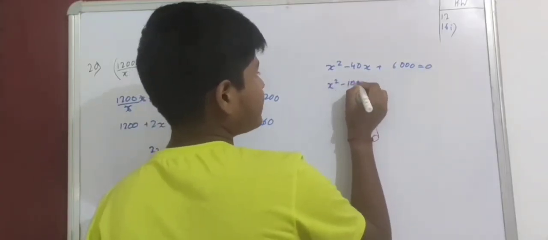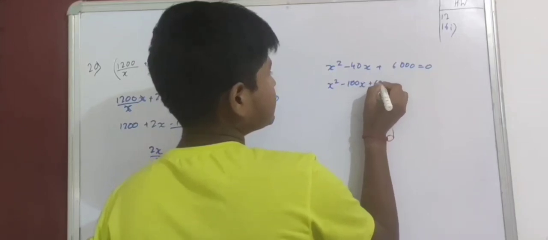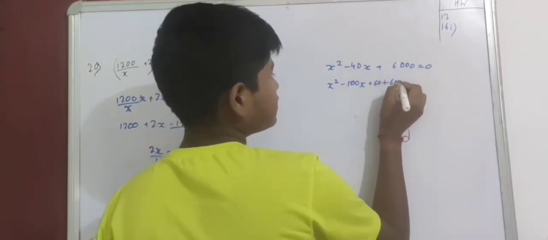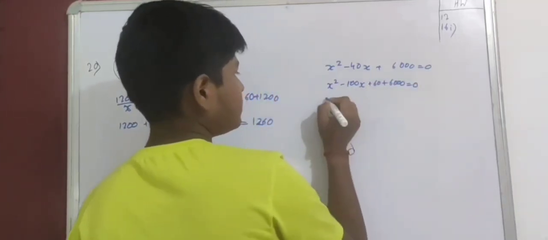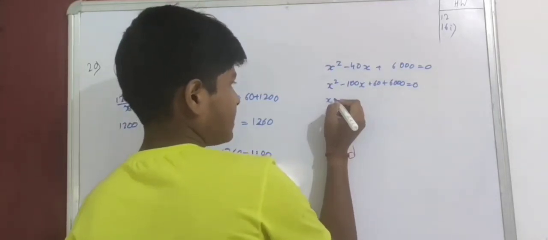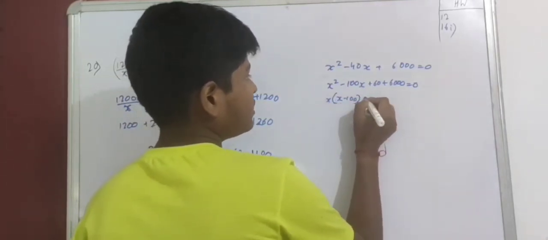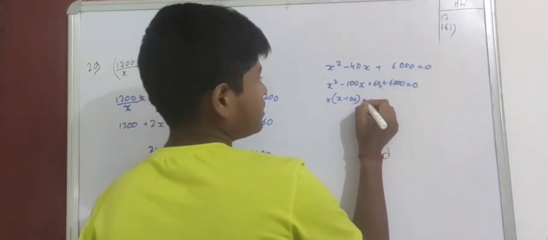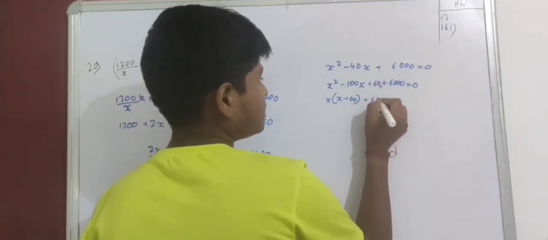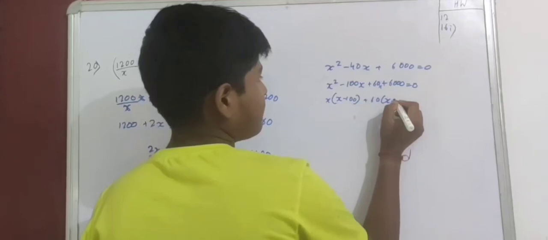Now we have x square minus 100x plus 60x plus 6000 is equal to 0, dividing minus 40 into two parts. We have x as out, then x minus 100, plus 60 out, then we have x minus 100 again.